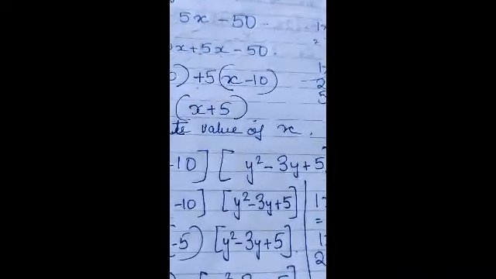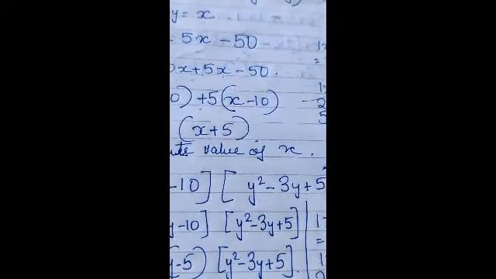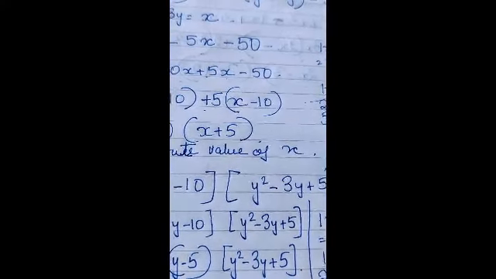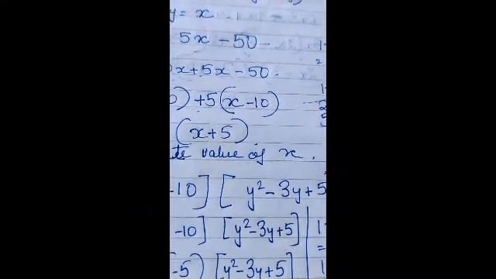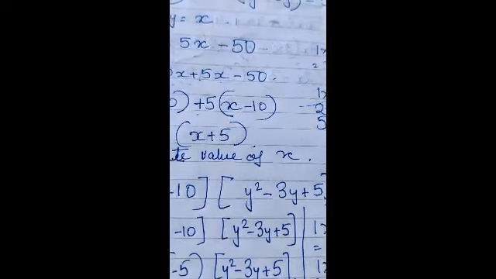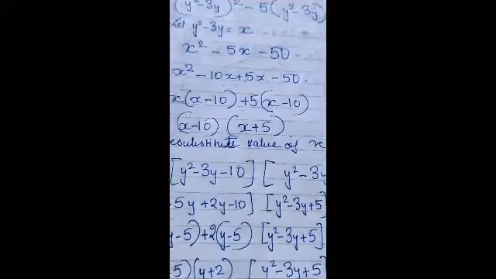So we'll write it as it is here, and then see what we can use as the second term of our second factor, so that we get plus 5x and minus 50. So plus 5 into x gives us plus 5x, and plus 5 into minus 10 will give us minus 50. So it suits us.